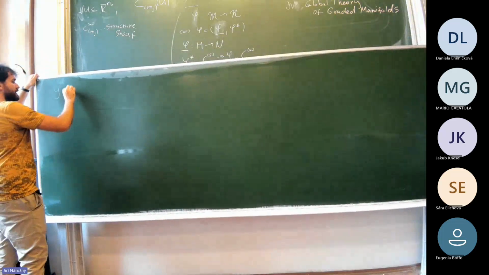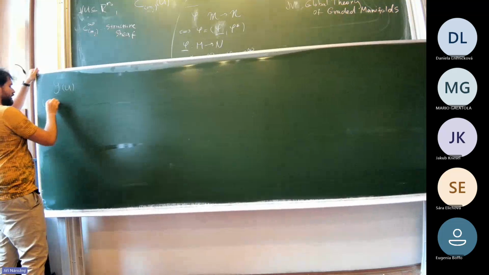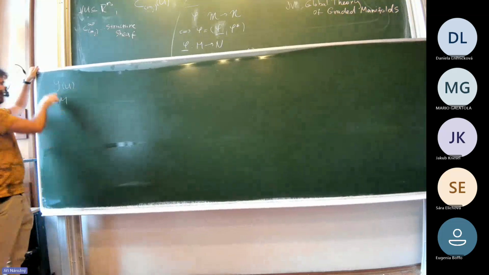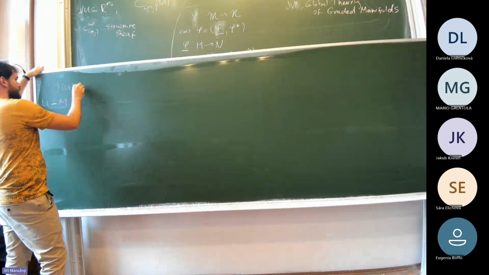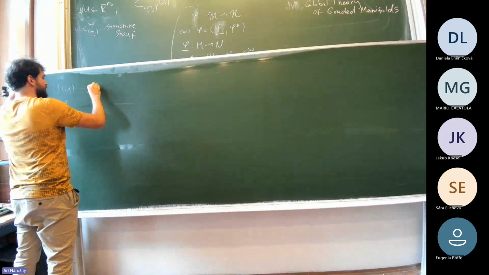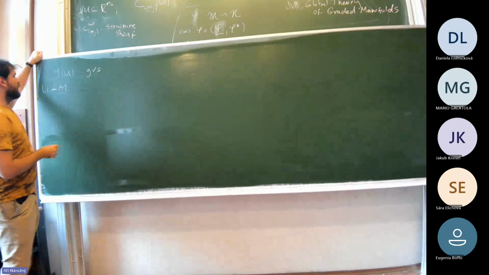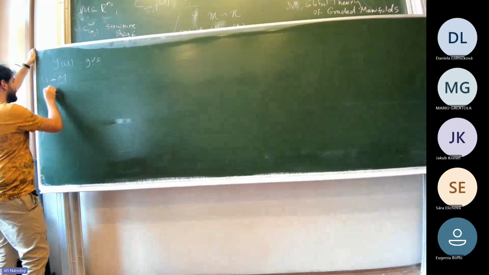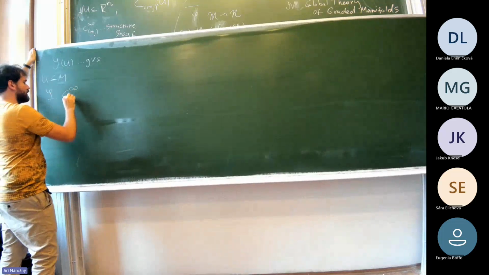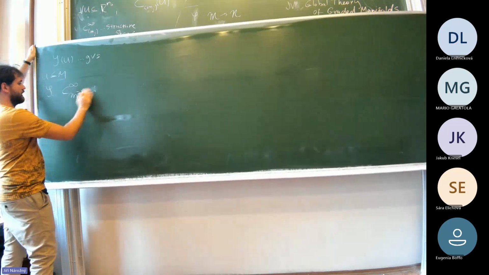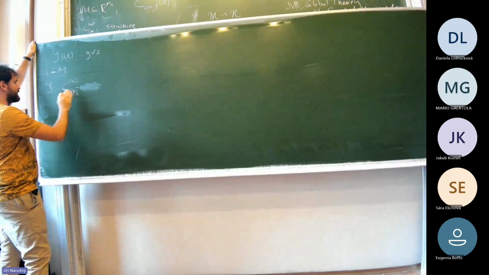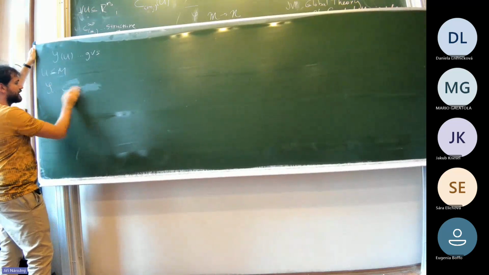So for every open subset U of M, the underlying base space, S(U) is a graded vector space. It is a C infinity M module, or I sometimes shorten it like this to be precise.